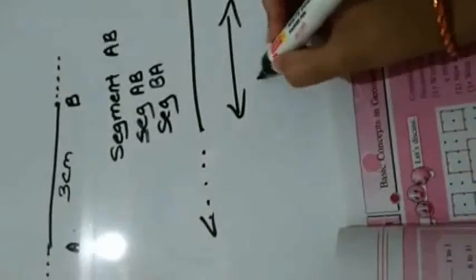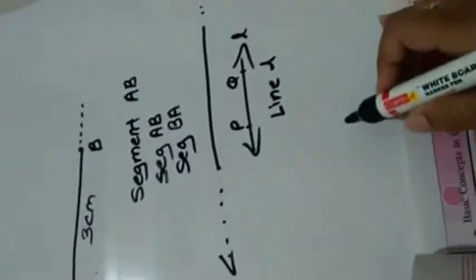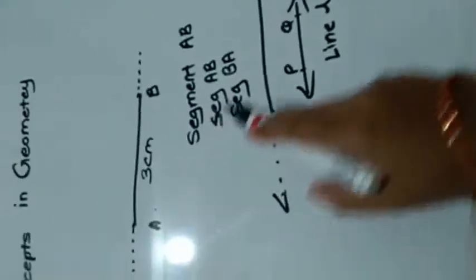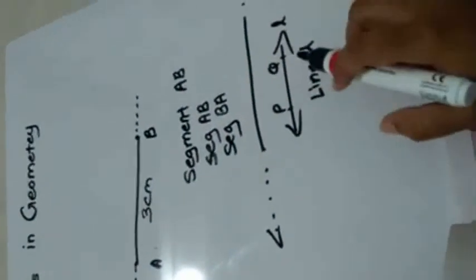Lines can be given a name with a small letter at one end of it. For example, I have used the letter L to denote it. It will be read as line L. If we draw points in between it, I will name them P and Q. Then, as we have seen in the second point, a segment contains 2 points and is part of the line.